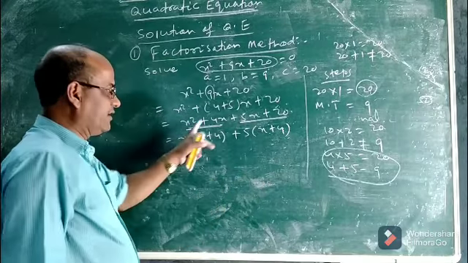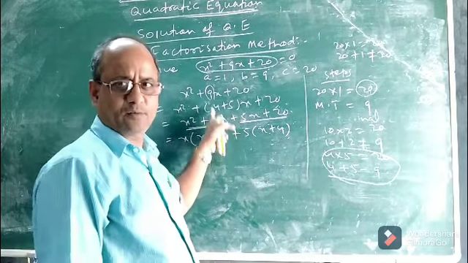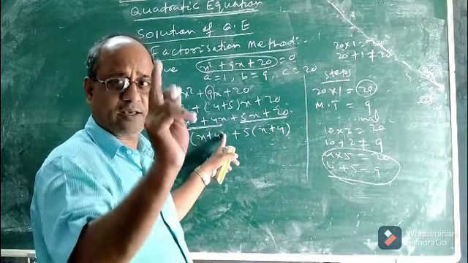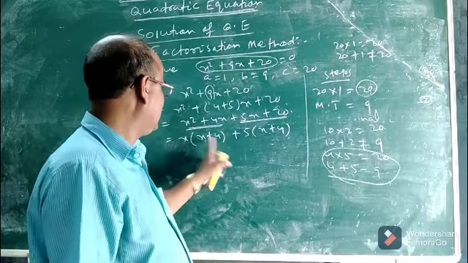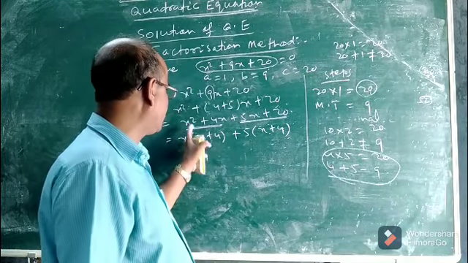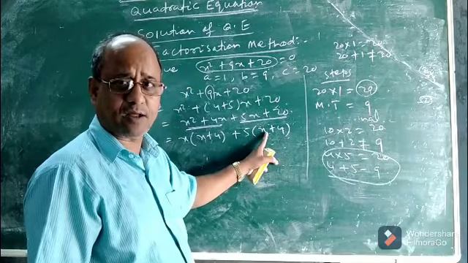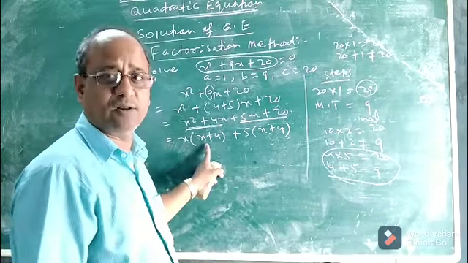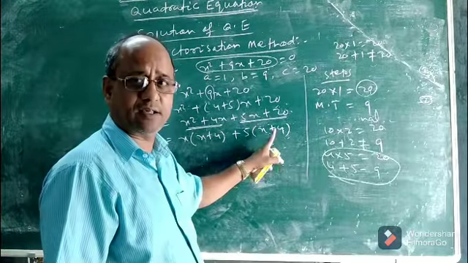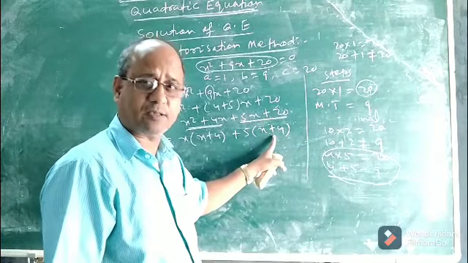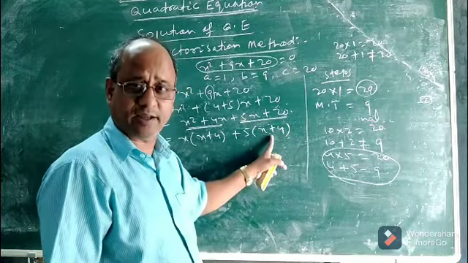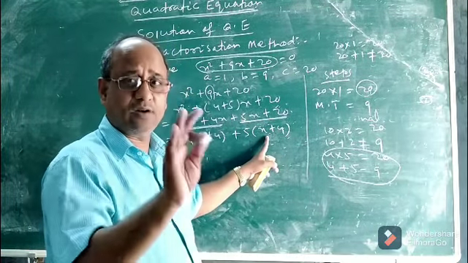And see, children, in this case, when we split the middle term, you must keep one thing in mind: whenever you take common from these two terms and these two terms, whatever is in this bracket, the same expression should be obtained in the second bracket also, then only it is correct.